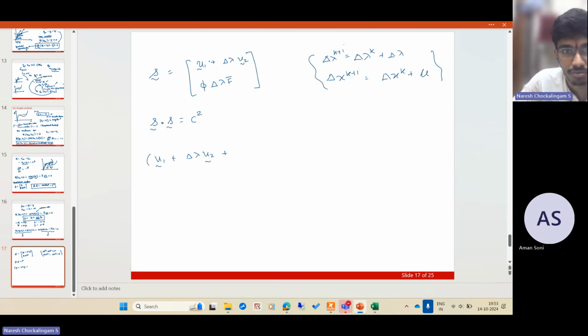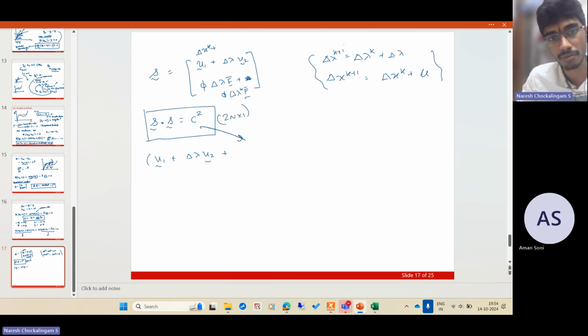So you have a delta xk plus something, and here you have plus phi delta lambda k f bar. So this is a vector, this is a vector, and this is a 2n cross 1 vector, right? If n is the number of degrees of freedom, corresponding to every n you have a force. So if this is n cross 1, this is n cross 1, the total size is 2n cross 1. Take the dot product and set it equal to c square.